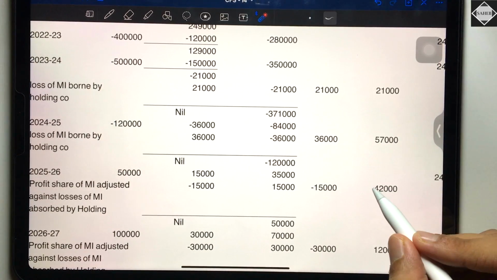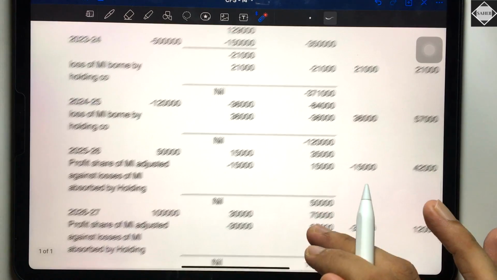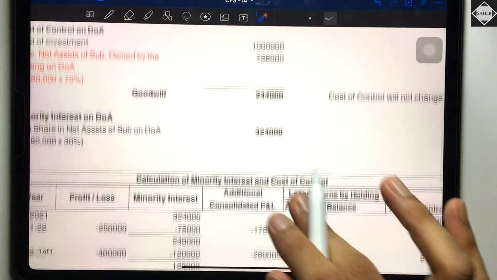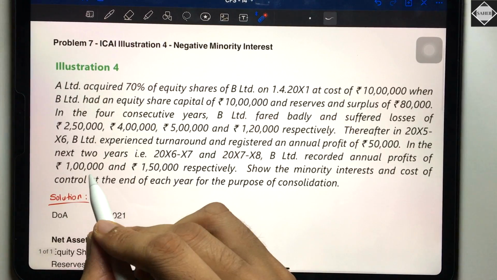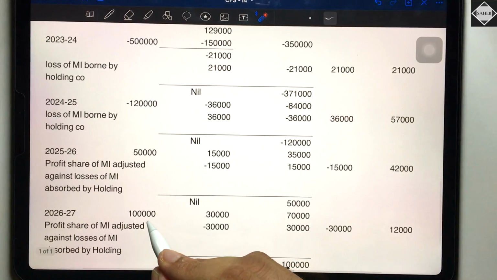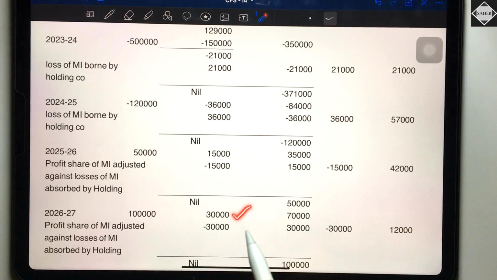Okay, so 42,000 is the loss that is still to be recovered. Okay, clear, easy. And then 2026-27, what has happened? In the question, if you see, 1 lakh profit has been earned by the subsidiary company. Just take that 1 lakh, and then 30% of that is 30,000 and 70% is 70,000 for the holding.